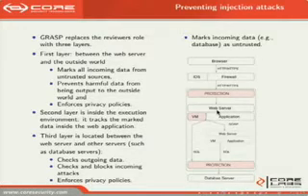The third layer, which is located between the web server and the backend servers, checks outgoing data for attacks. It also checks for incoming attacks, which may be, as I said, dangerously formed HTML code. And it also enforces privacy policies and marks all incoming data from databases as untrusted.